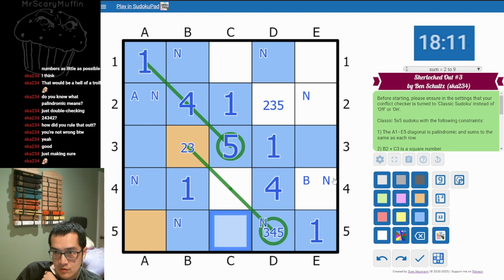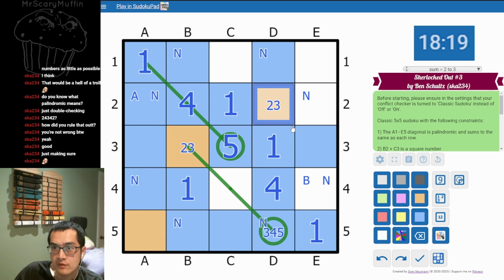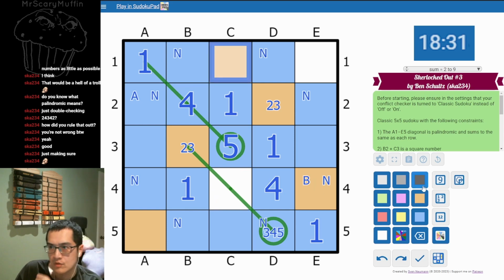This is not an orange friend. This is an orange friend, which means this is not a 5. This orange friend means that's not an orange friend. This one has no orange friends, so this must be the orange friend. This is our other orange friend.